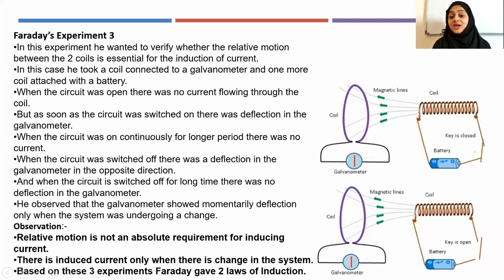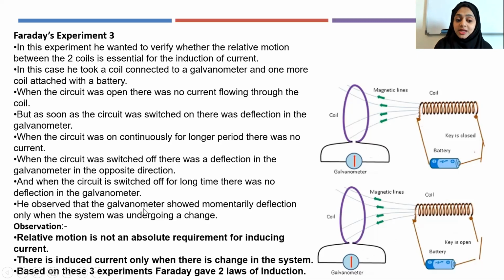The magnetic field linked with this coil is changing. Do you remember, in the beginning of this lesson, I told you a varying magnetic field is necessary. So the magnetic field should vary either by moving or by switching on and off. Only a varying magnetic field is necessary. Motion is not necessary.